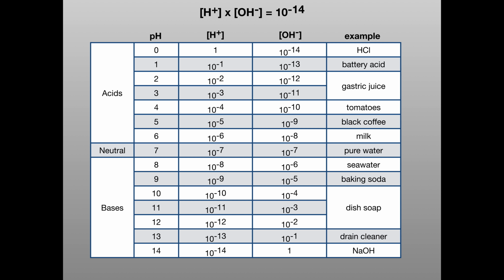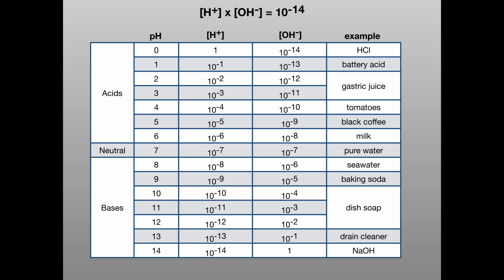Well, let's look at it in a graphical format. So the equation's at the top, and here's the graph. Again, the pH scale is 0 to 14, all right? In this table, what I've done is I've taken every pH and shown the concentration of hydrogen ions versus the concentration of hydroxide ions.